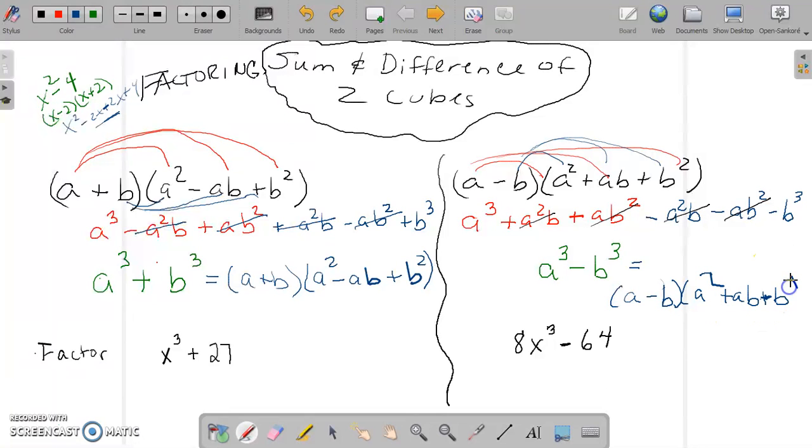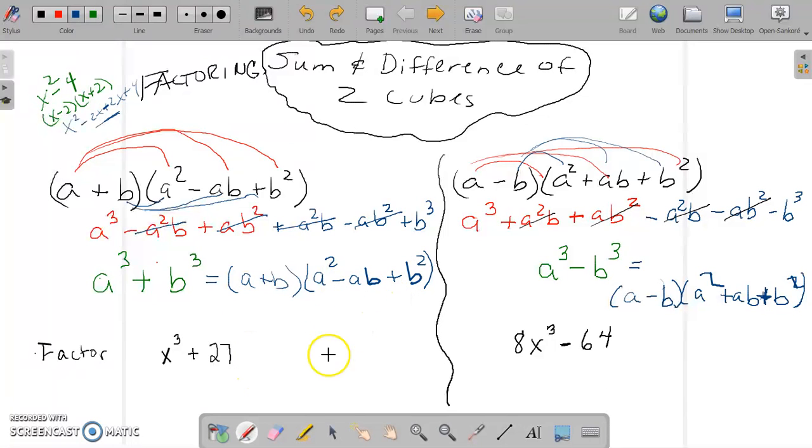These formulas are in your book, and it's important for you to know them. Notice that there has to be a negative in the trinomial somewhere for this to work. When it's a minus b, you've got two pluses in the trinomial, and when it's a plus b, you've got a negative in front of the ab.